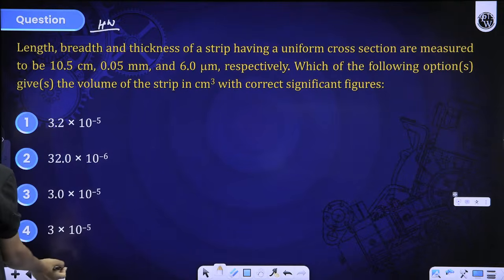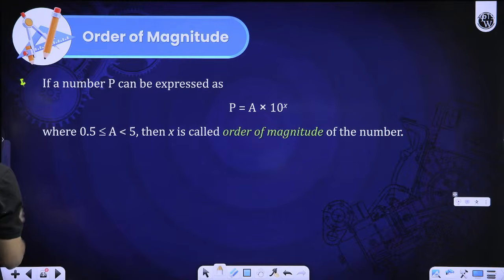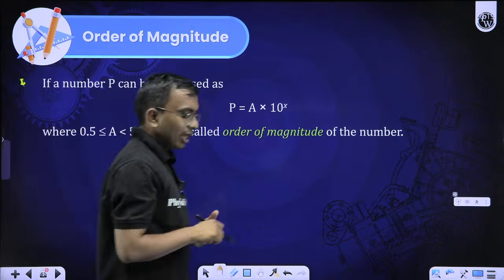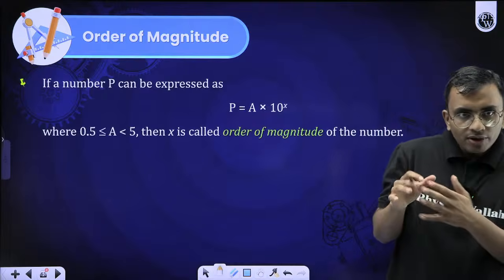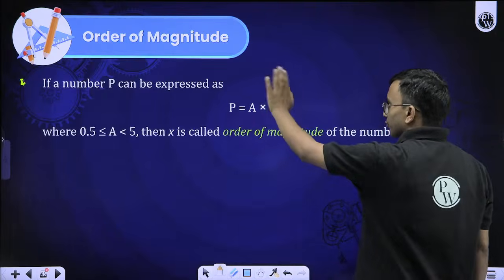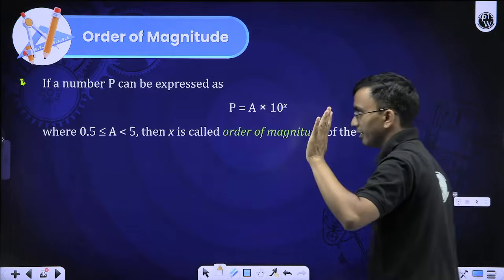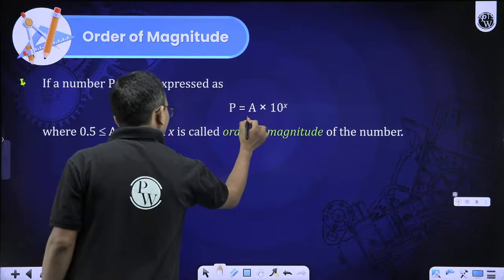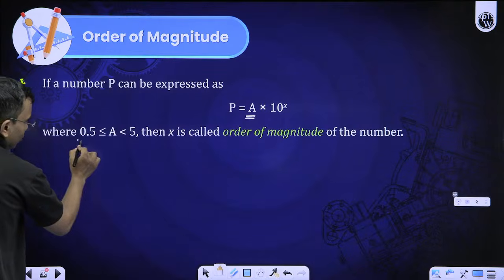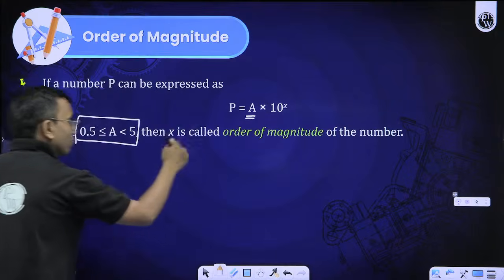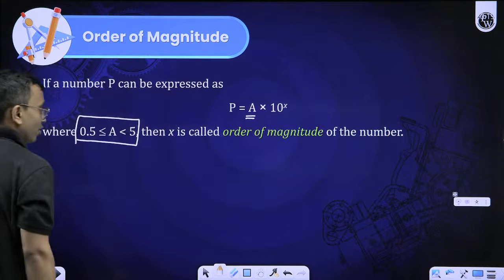Order of magnitude. What is the order of magnitude of any numerical value which is written like some a into 10 to the power x? So you have to convert a to between 0.5 and 5. Then whatever power you are getting here, that is the order of magnitude.